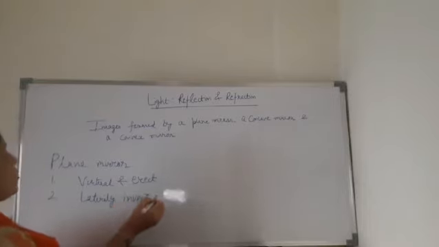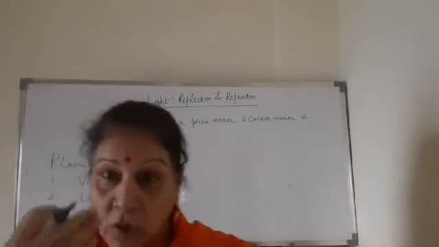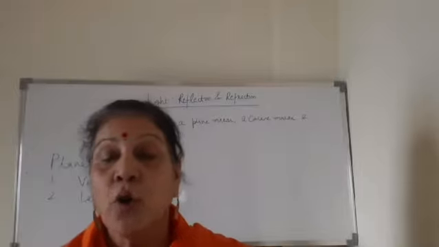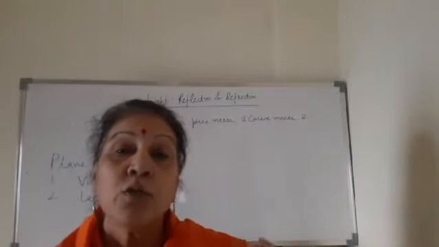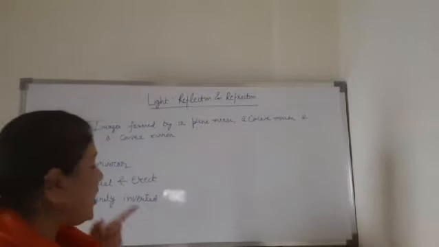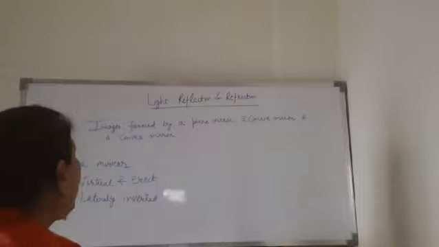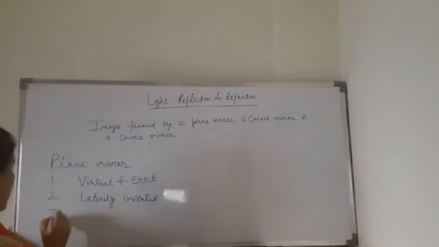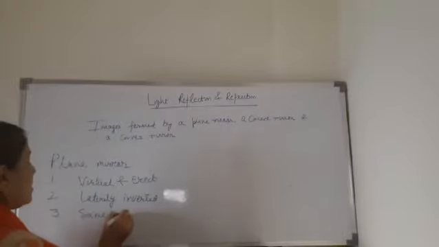I hope you all have observed that the left of yourself or left of the object is always the right of the image and vice versa. So the images are laterally inverted, means left of the image is right of the object and so on. Third, it's of same size.